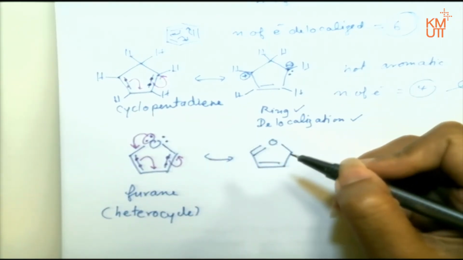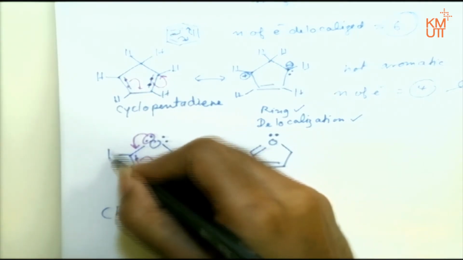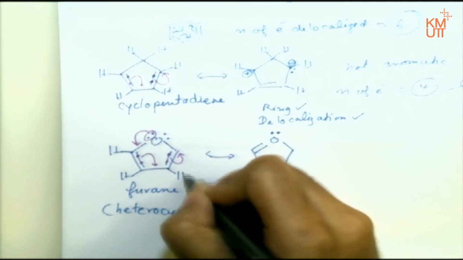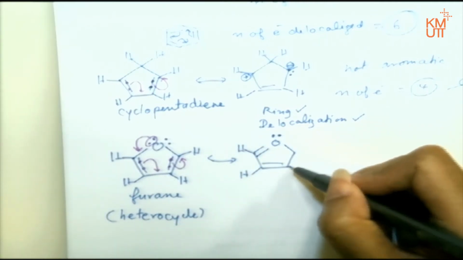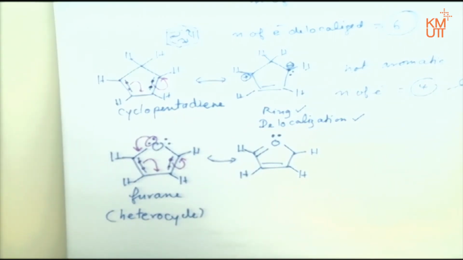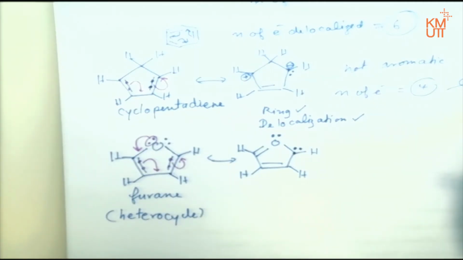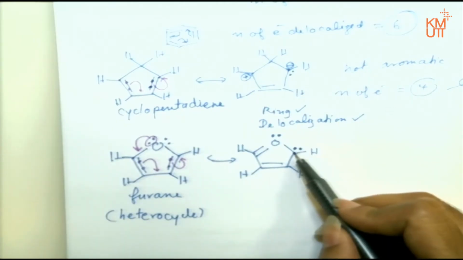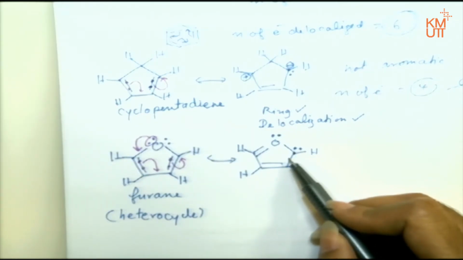So it's not correct. You have to follow the octet rule. Then 1 lone pair. But for this carbon, I have to put hydrogen also to understand. You don't eliminate atoms from the delocalization. This last carbon contains 1 lone pair from the delocalization of the double bond. Does this carbon follow the octet rule? The maximum is 4 arms, so I don't violate the octet rule: 1, 2, 3, 4.